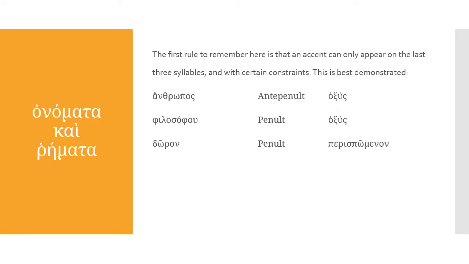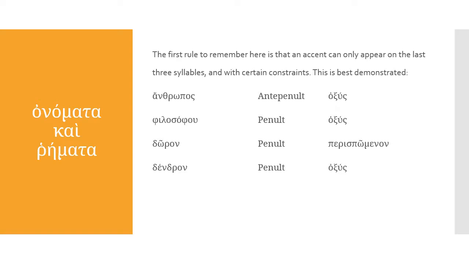Doron. Here we have the accent upon the penult, and it is perispomenon. It is perispomenon because the accent is on the penult, which is a long vowel, or omega, and the ultima is short. Dendron.